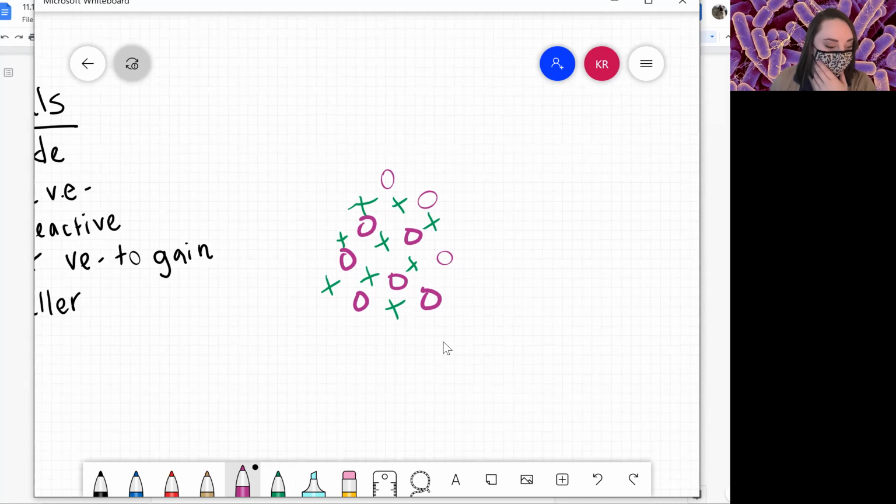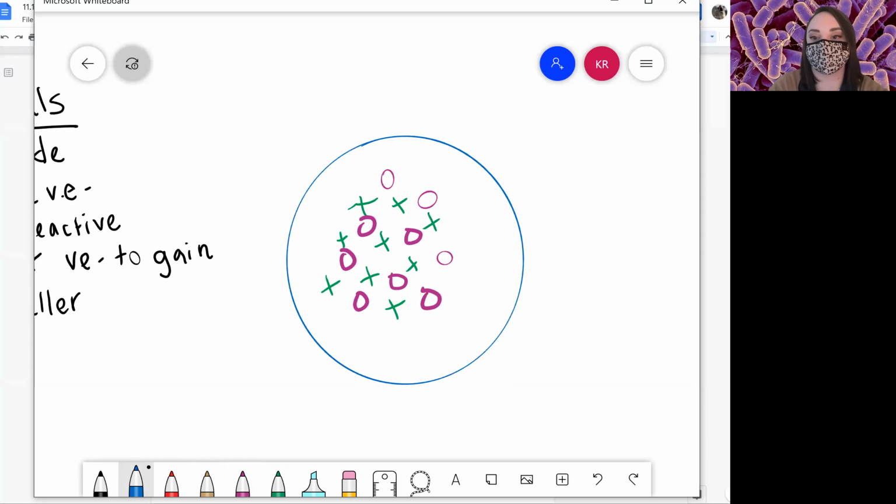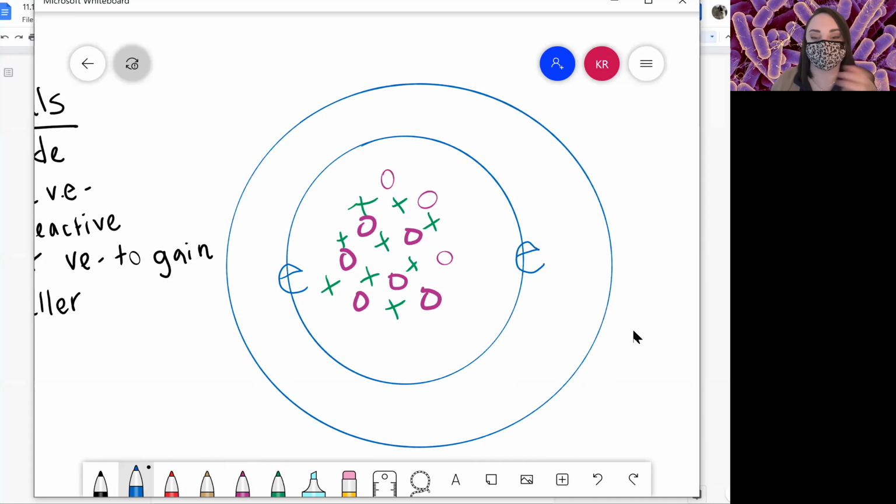And now I am going to draw my electrons. So like we just said in the last one, I put 2 electrons in the innermost ring. I need to get up to 9 total. So how many electrons go in the next ring for this atom? I need to get up to, very good, Kobe, 7. And remember, they kind of pair up.